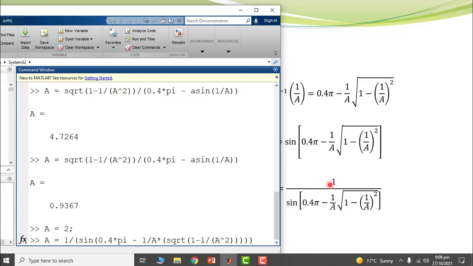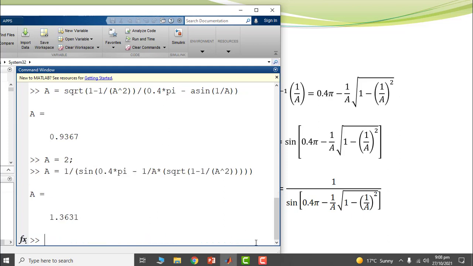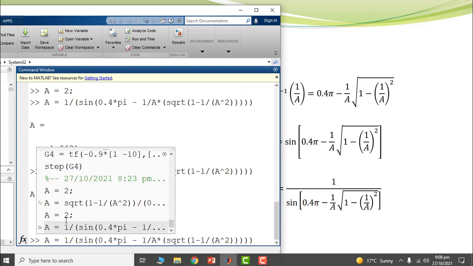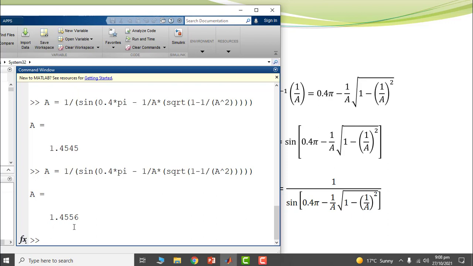I have programmed this equation into MATLAB. Your calculators can also program this equation, and I get this value of a. I will substitute this value of a into this equation and get another value of a, and then substitute this value again into that expression to get this thing.